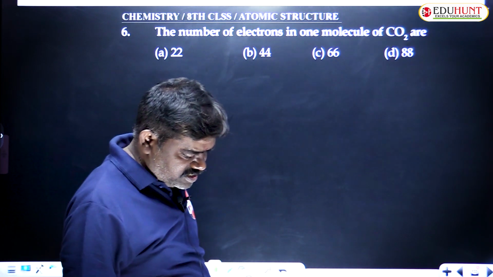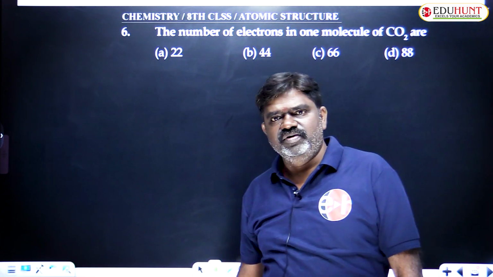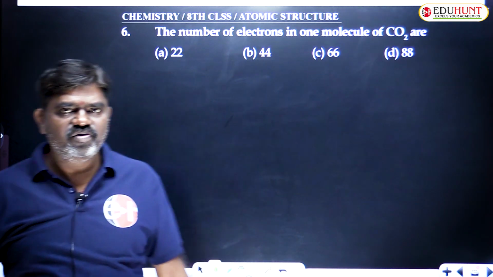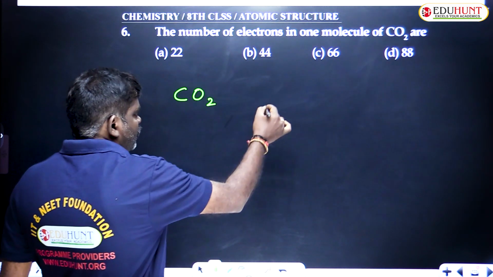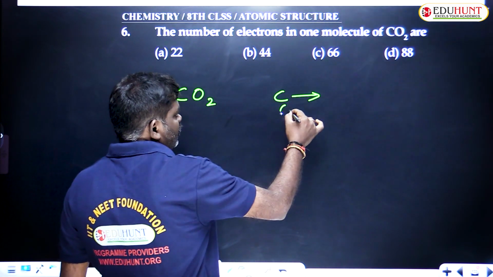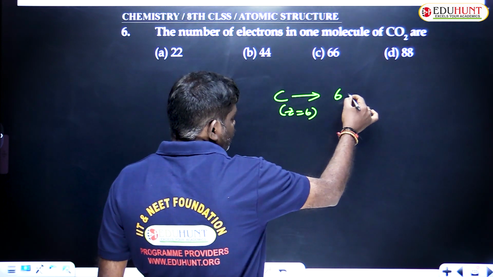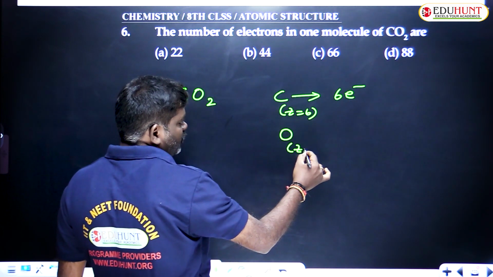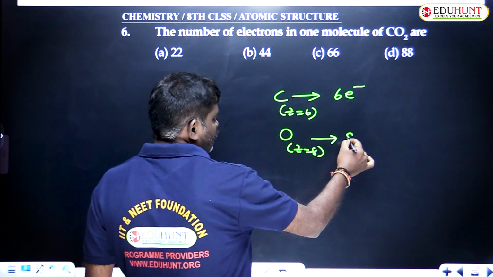Now, the number of electrons in one molecule of CO2. We know CO2 means carbon dioxide. Carbon has atomic number 6, so it contains 6 electrons. Oxygen has atomic number 8, so it contains 8 electrons.